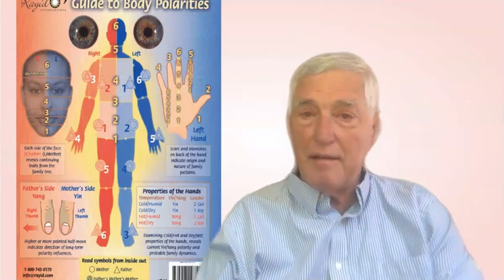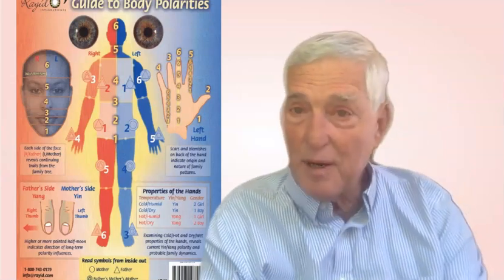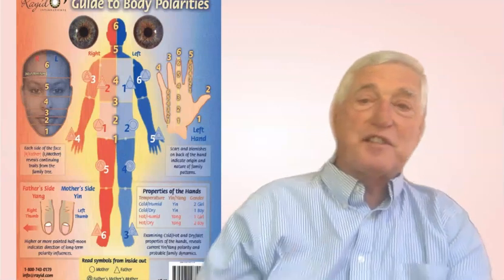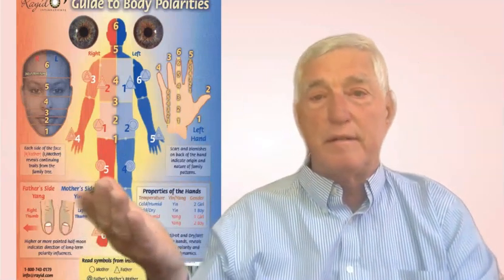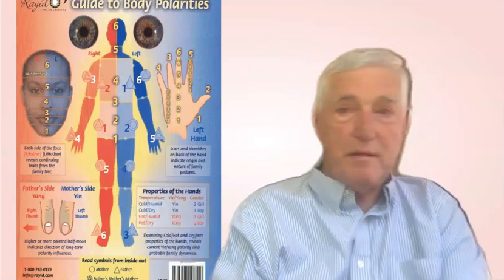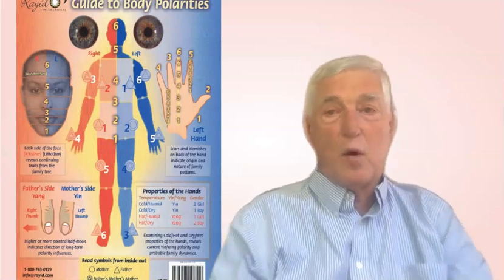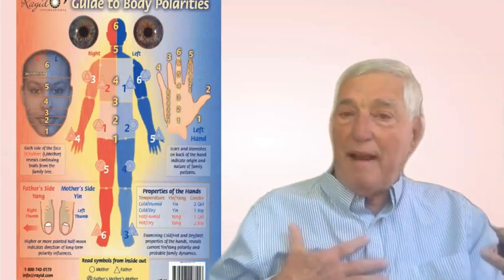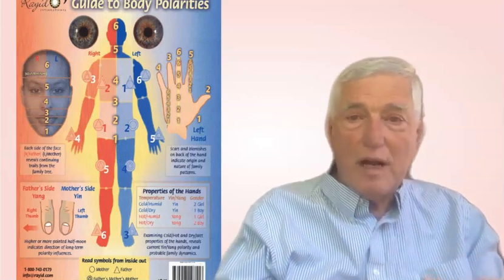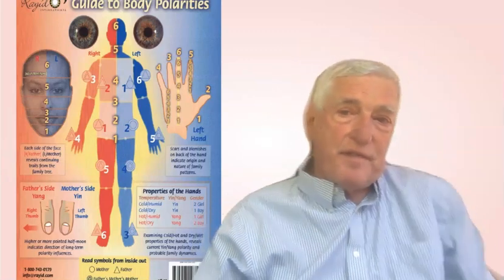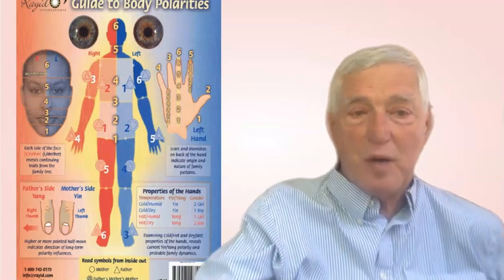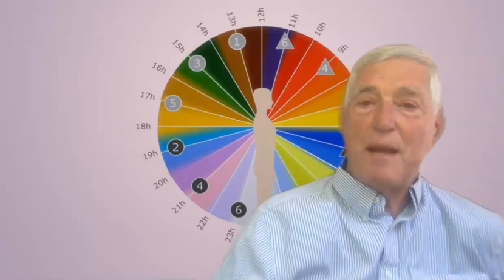Pain on the left side, like if I have a pain in my knee right now, which I do a little bit because I've been working in the yard, and I could say it's because I strained my knee, or I can say it's something to do with my mother's side, or something to do with my feminine being, or my daughter, my ex, whatever. My left knee has a specific feeling. Now, those feelings have numbers to them. That's why a chart like this is the same thing.